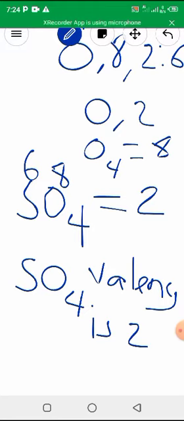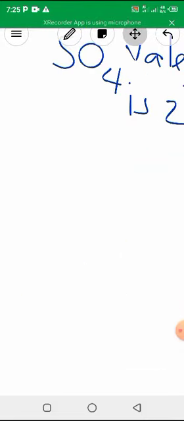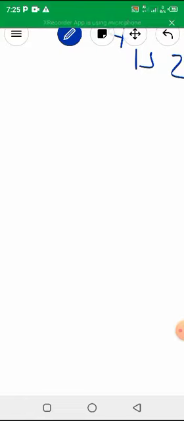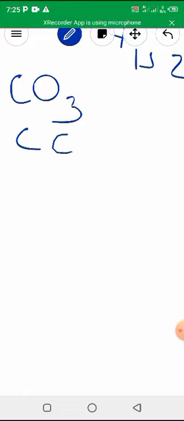Let's talk about the carbonate, which is CO3. We want to know how we can calculate the valence of the carbonate. Carbon, atomic number is 6, configuration is 2, 4, meaning that carbon is in group 4. Right on top, group 4.